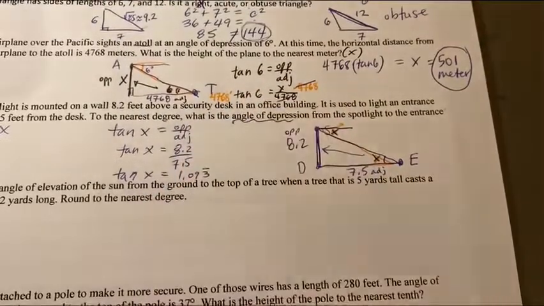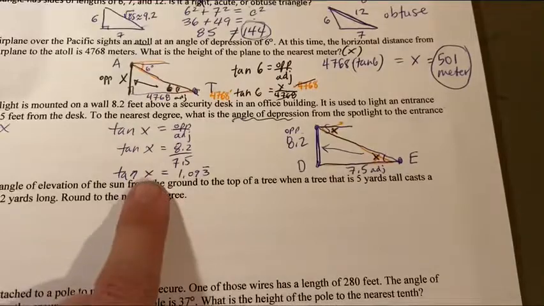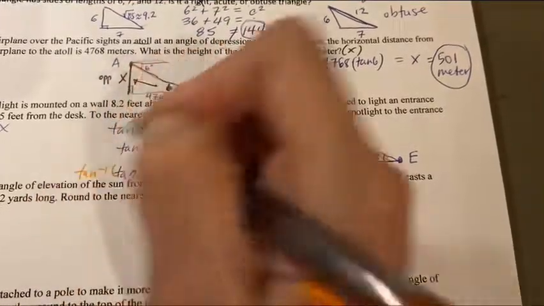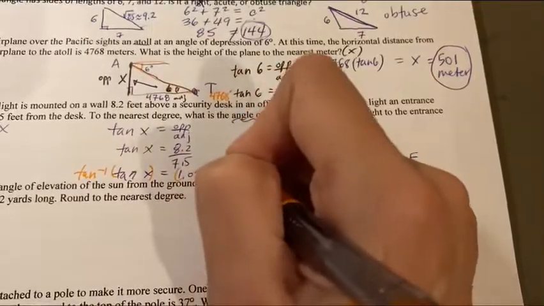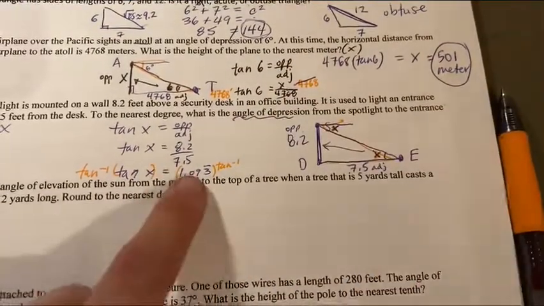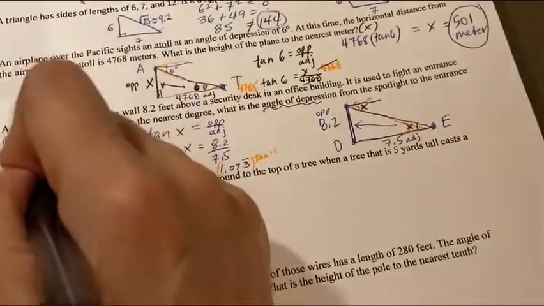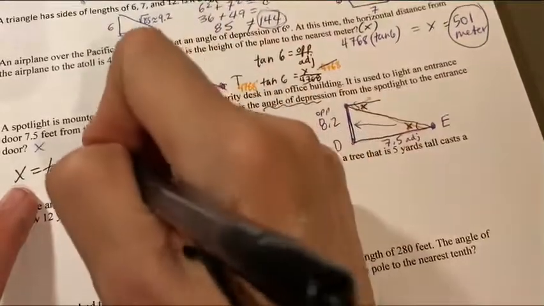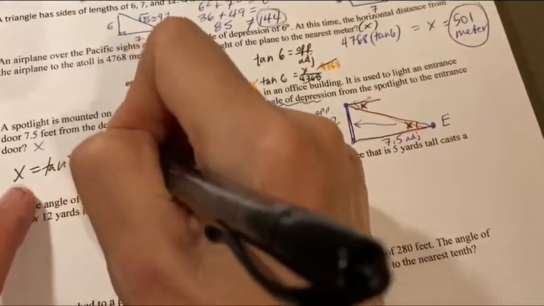Okay. So now, what's keeping x from being by itself? That's tangent. So I need the inverse tangent, do the inverse tangent of both sides. So that would make that cancel, and now what's on the left would be x, and this side would be the inverse tangent of 1.093 repeating.